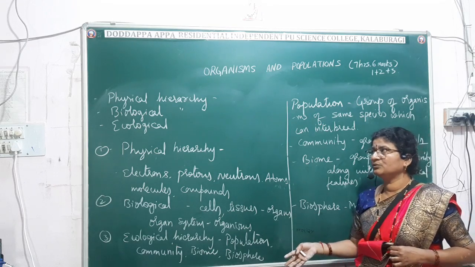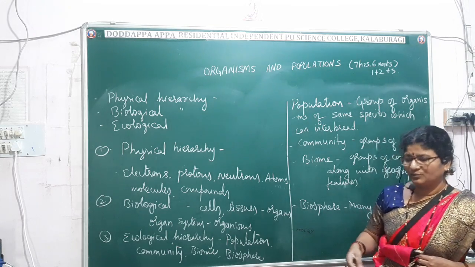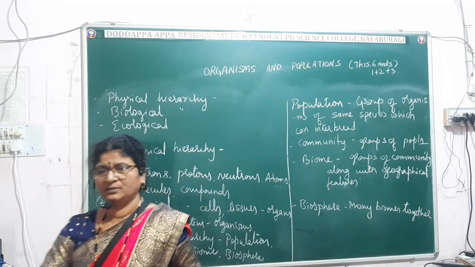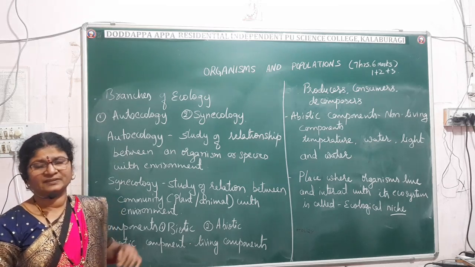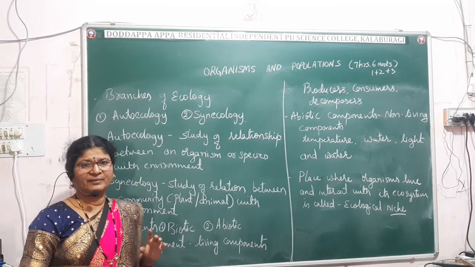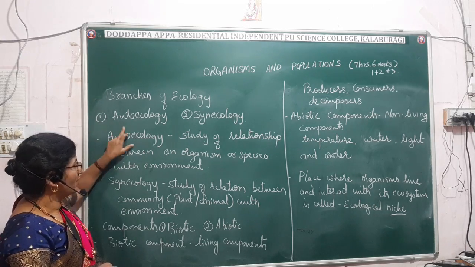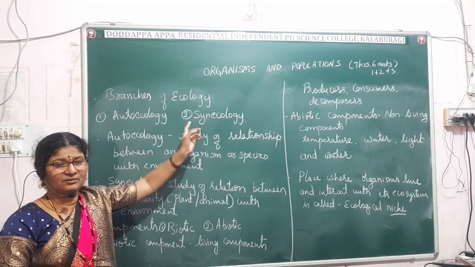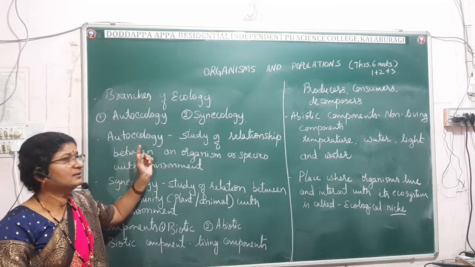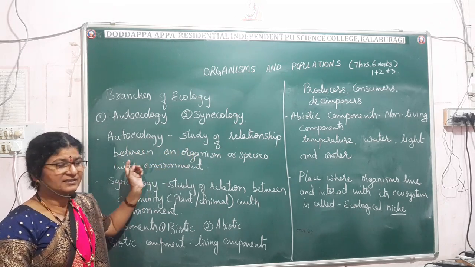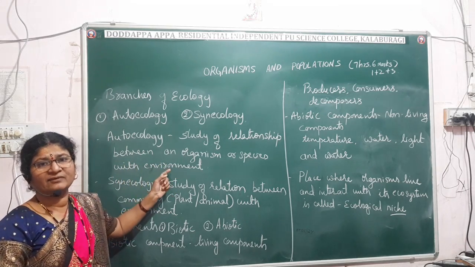Now let me go to the branches of ecology. In ecology, mainly two branches are there, that is autecology and synecology. Autecology includes the study of the relationship between an organism or a species and the environment.